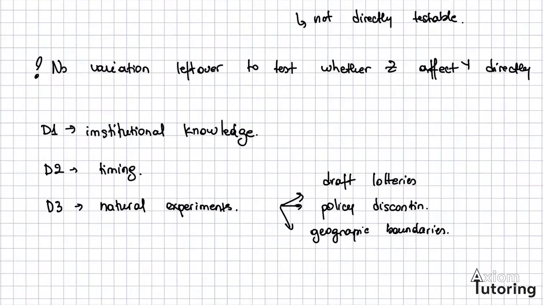So draft lotteries, random assignment of military service, for instance, as I said, policy discontinuities, sharp cutoffs that affect some people but not others, or geographic boundaries, just people on the other side of the border. And when the instrument is genuinely random or quasi-random, the argument for exclusion basically becomes even more compelling. That's why natural experiments are so prized in modern econometrics, because the closer the instrument is to true randomization, the more credible the exclusion restriction is.